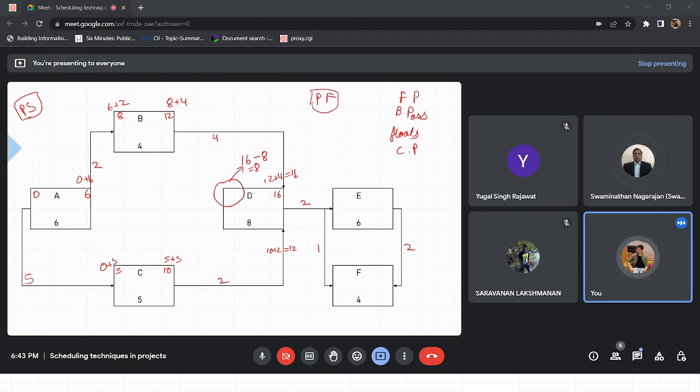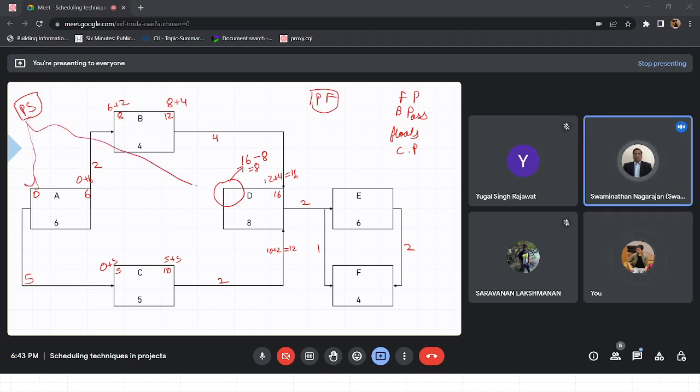So whichever activity doesn't have a predecessor at the start, we can link it to project start. Similarly, whichever activity doesn't have a successor, we can have project finish as its successor. So in that way, here we can have the value 0. That means there is no other dependency, only the project start.